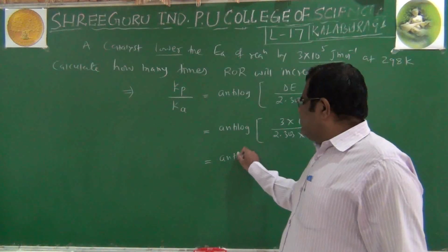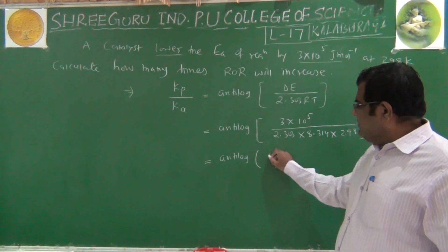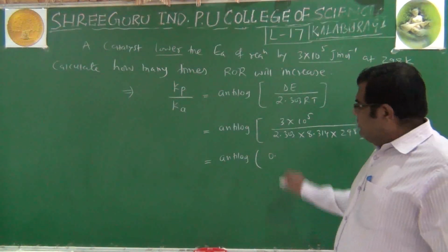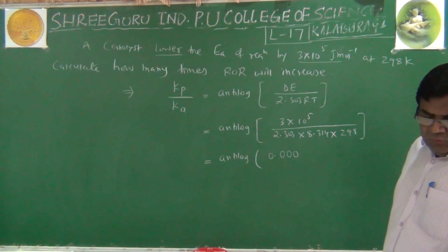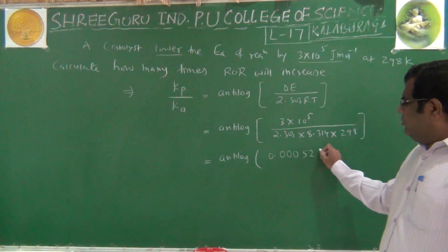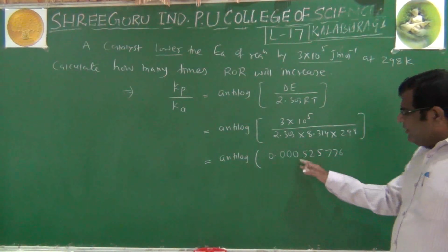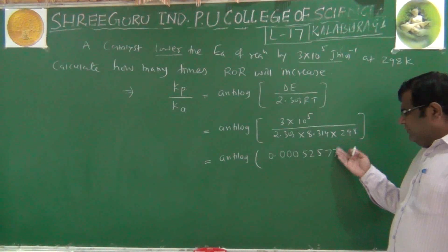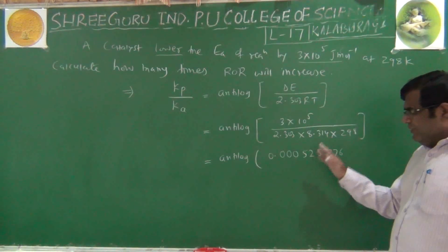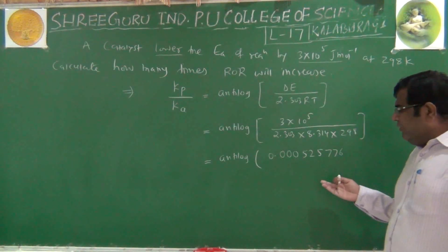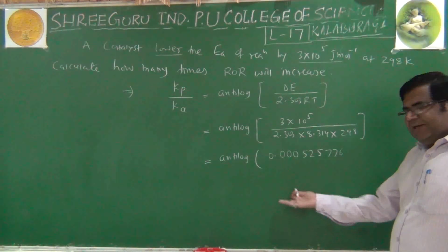And I will write this as antilog of, see how I am writing here, answer 0.000525776. I have to write these many digits. We ignore just these digits, but this decimal point has to be shifted here, and then we have to say antilog. So we should write 6 digits here. We'll see in the next step why we are writing like that.